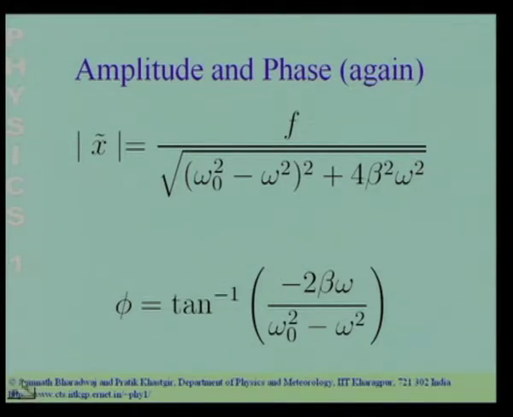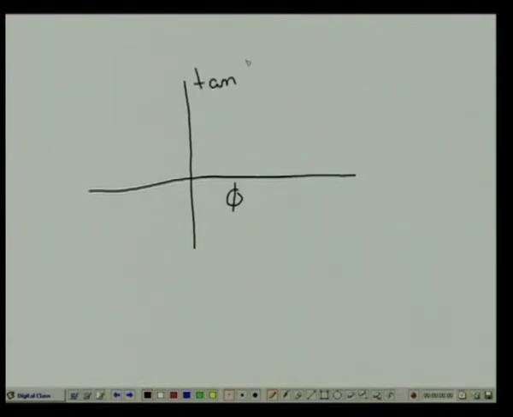So, if you look at the behavior of tan, this is the phase phi and this is tan phi. In our situation tan phi starts from 0 and then it becomes negative. So, phi starts from 0 and it becomes more and more negative, and then when it reaches minus pi by 2 it blows up.